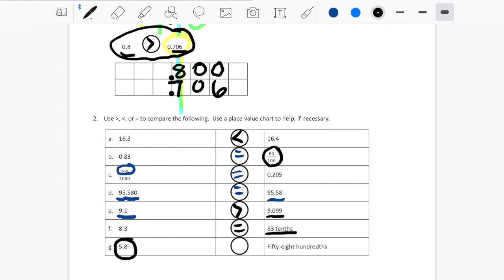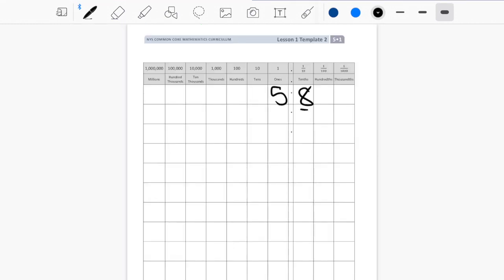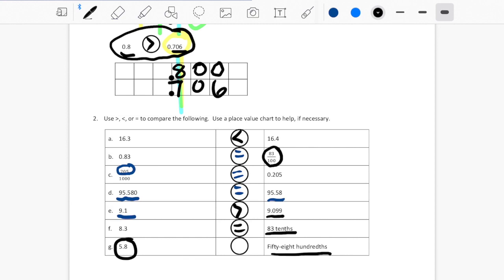Next, 5.8 compared to 58 hundredths. So we can see this has 5 ones, this has 0 ones. It is the bigger number.